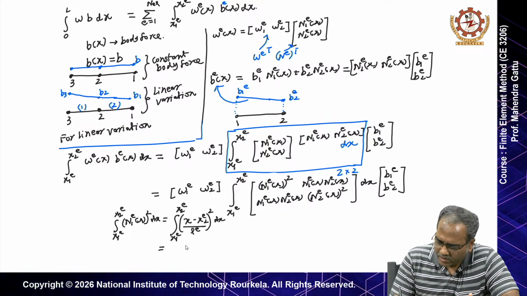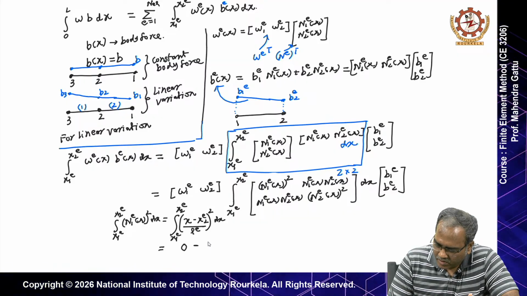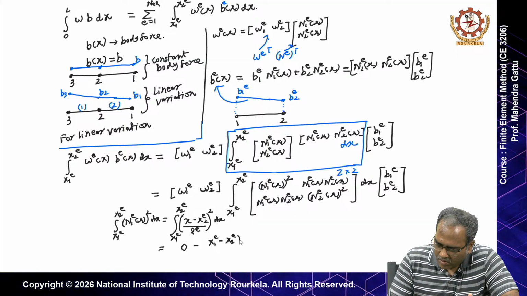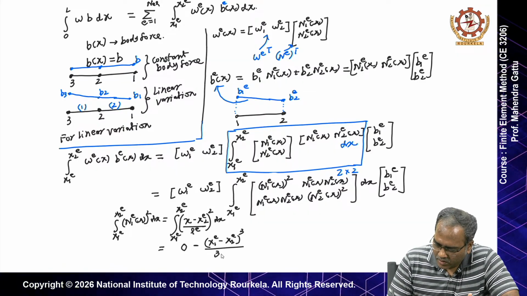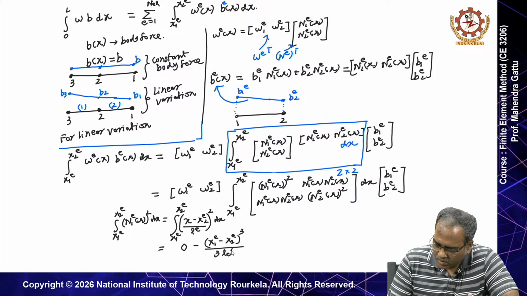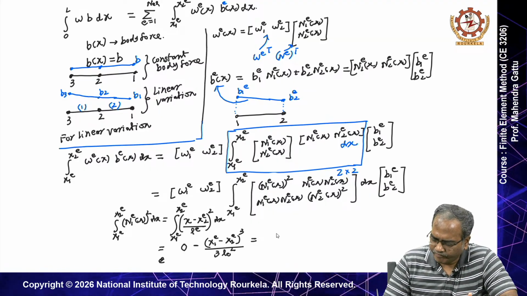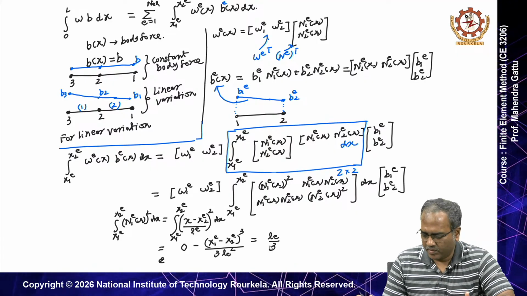So, you will get minus of minus le cube by 3 le square. So, this we will get as le by 3.